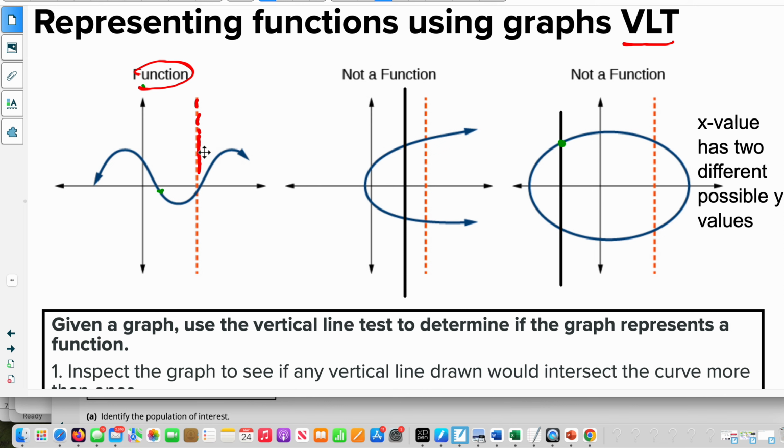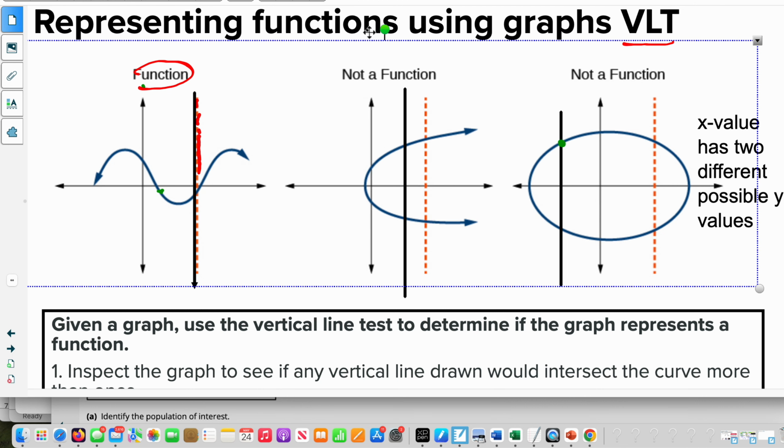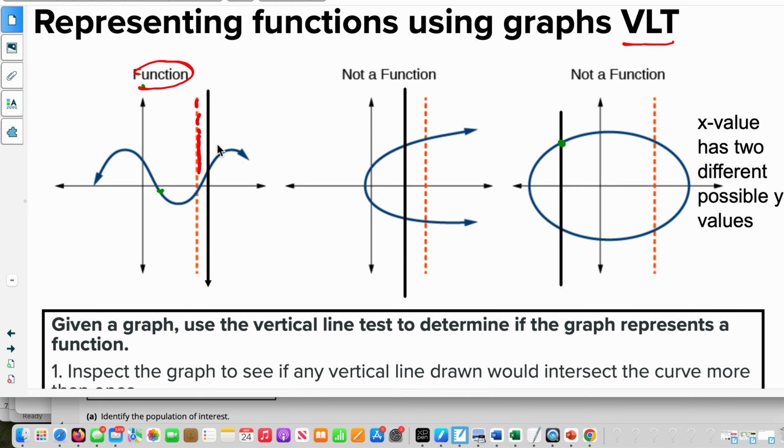If I draw a vertical line, and let me actually do it with a little help here, and I move that vertical line horizontally, you can see that every time I move it, it only goes through exactly one point. No matter where I move it along the curve, it only goes through exactly one point.